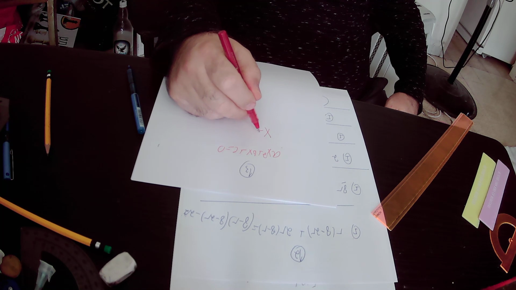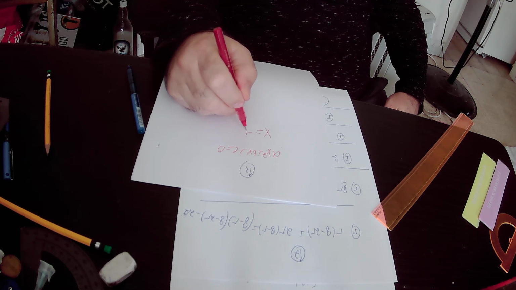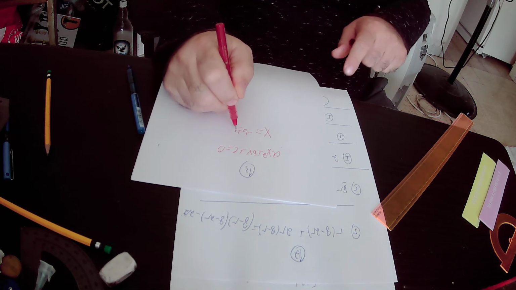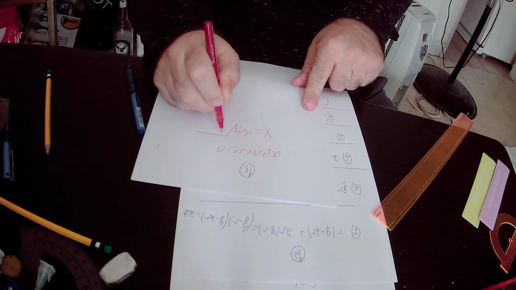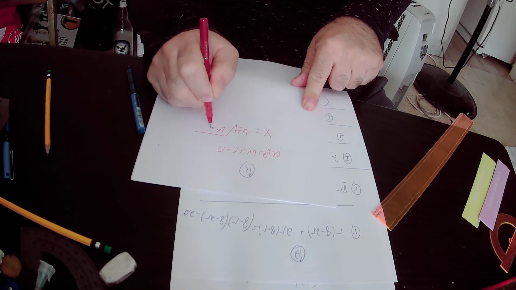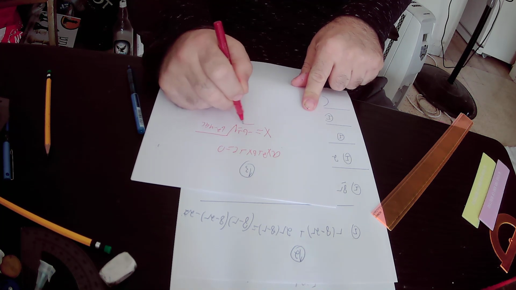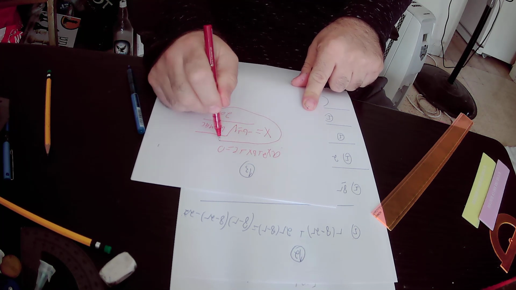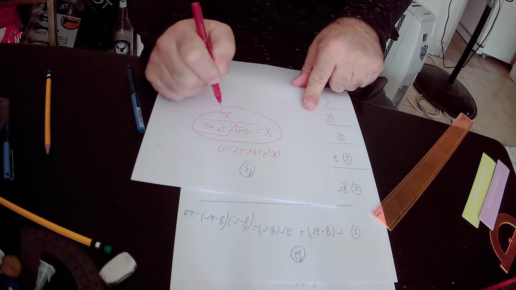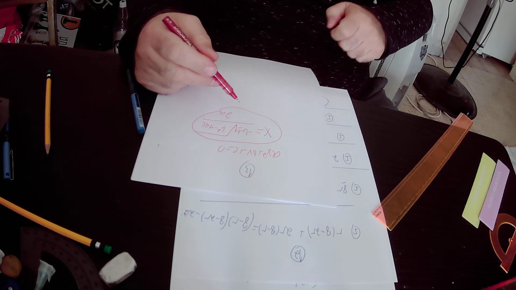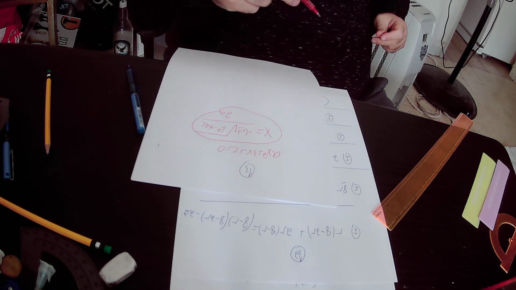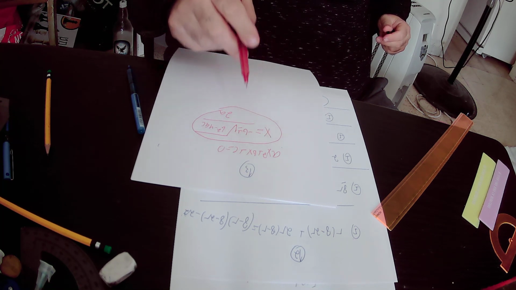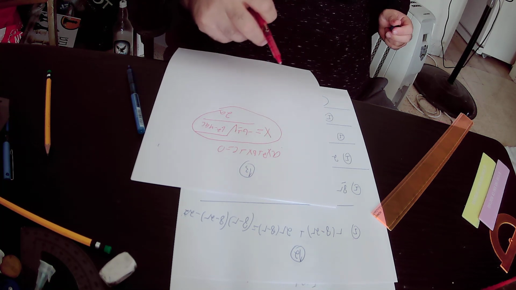X equals to minus b plus minus root of b squared minus 4 times a times c over 2a. Okay, so we will find out the value of x according to this special formula. Here a, b, c are the coefficients of the quadratic equation and x is the variable that we are looking for.